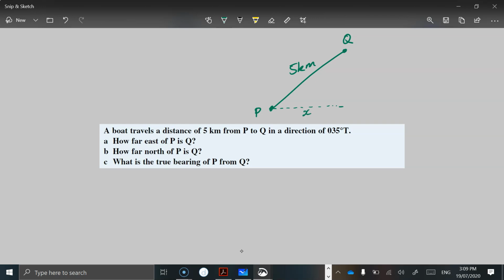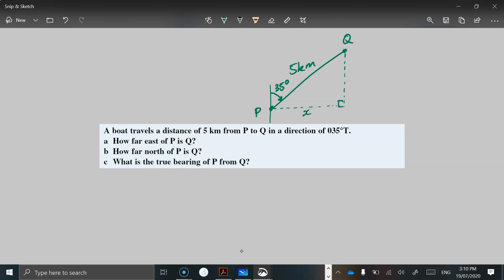Let's make a right angle triangle out of this, and to work out x, we know that this angle here is 35 degrees. It's really important that you don't put 35 in this corner.